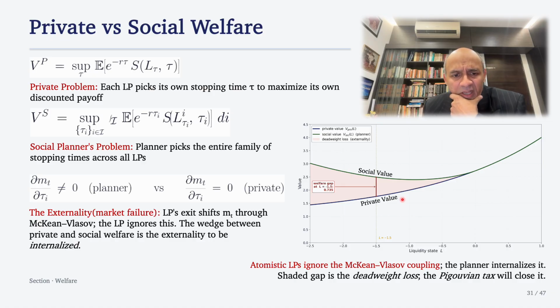And you can see on the right, the social value is higher than the private value at any specific liquidity state. And this welfare gap, this deadweight loss, we are going to convert into the Pigouvian tax.